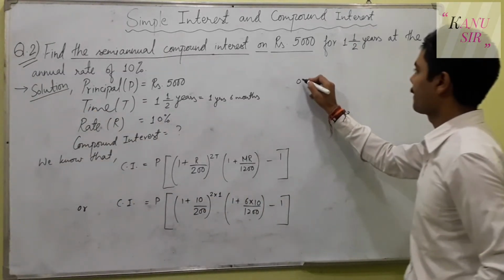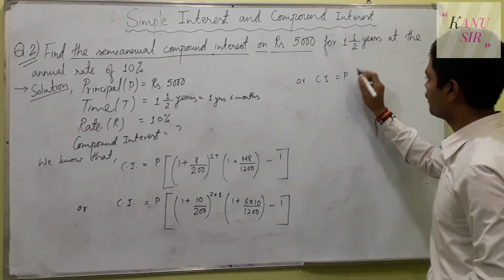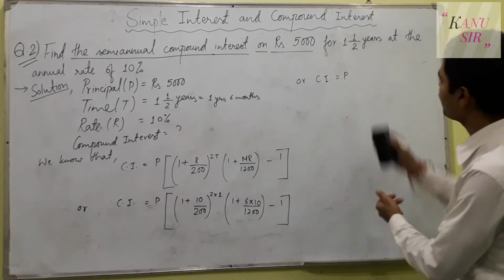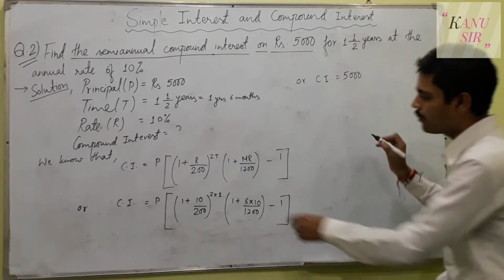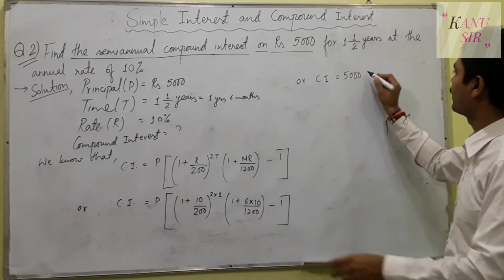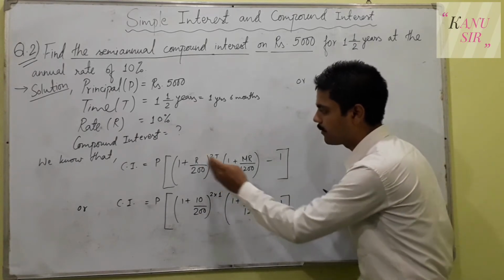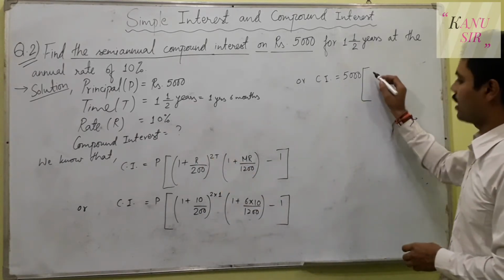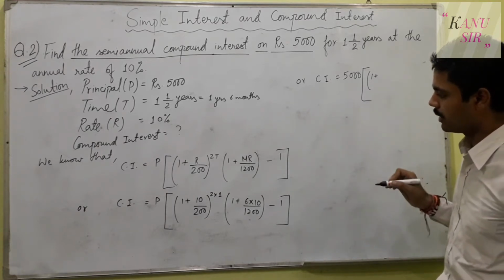Or CI is equal to P times, the value of P we can put now here, that is rupees 5,000. We could have put the value of P there also, there would be no problem. My direction went towards putting the values of R and T here. So I'll write here now 1 plus 10 by 200.